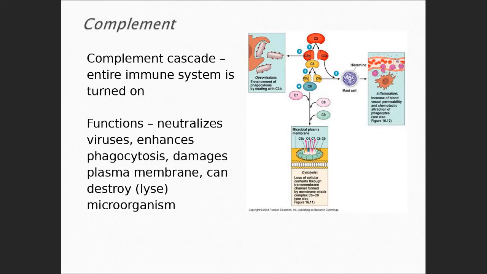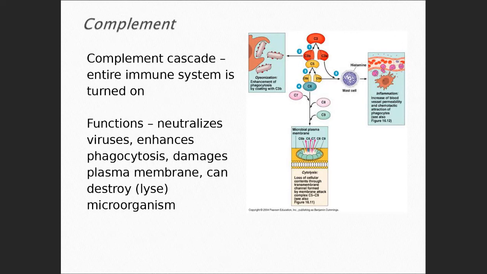little definition of that. Complement is a series of proteins that are initiated through a cascade, right? And so what that means is, think of a sparkler. When you light the sparkler, you see all these little sparks all over the place. That's essentially how complement works.